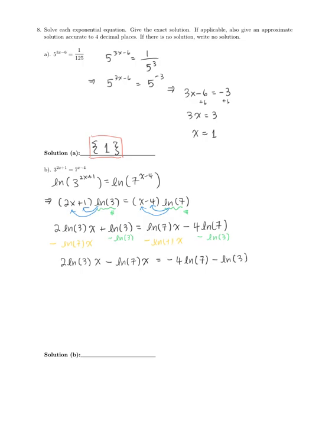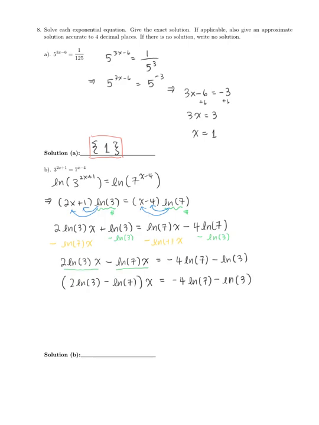You could type it in a calculator if you want, but that's just some kind of decimal value. Since we're solving for x, factor the x out from here and from here. Then we get 2 ln of 3 minus ln of 7 times x. All I did was factor out x, equals negative 4 ln of 7 minus ln of 3.